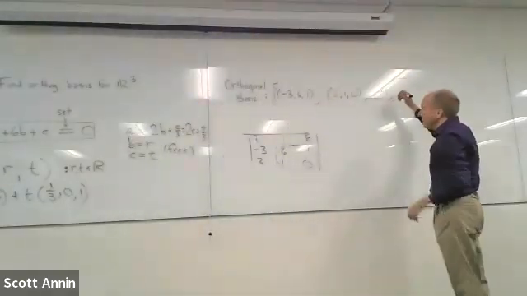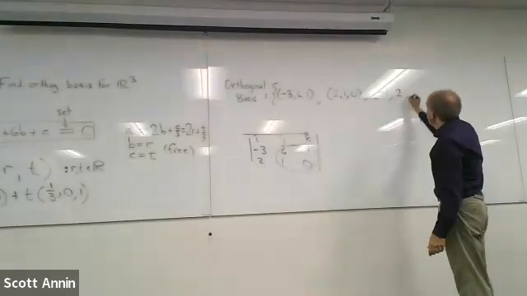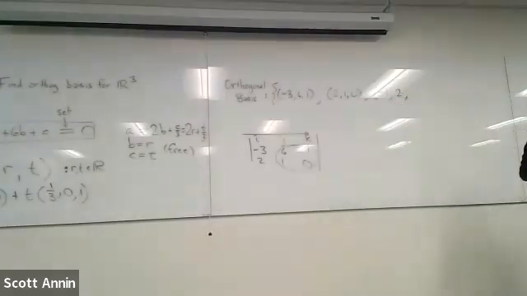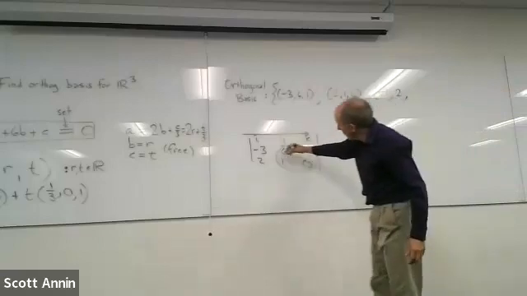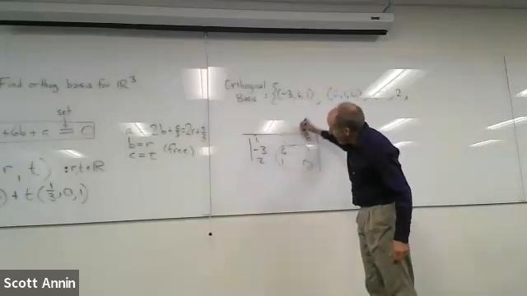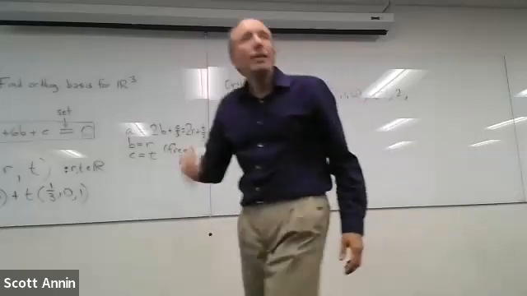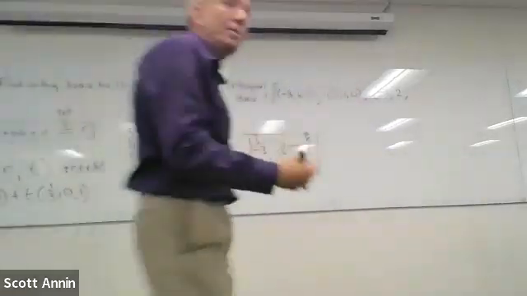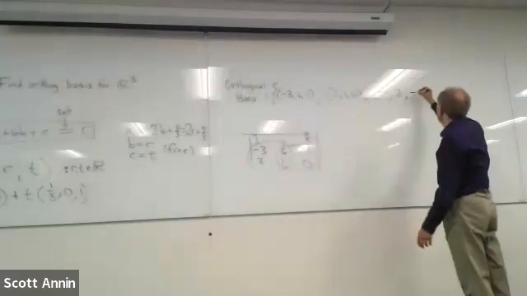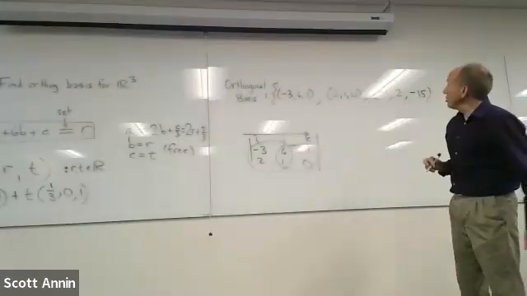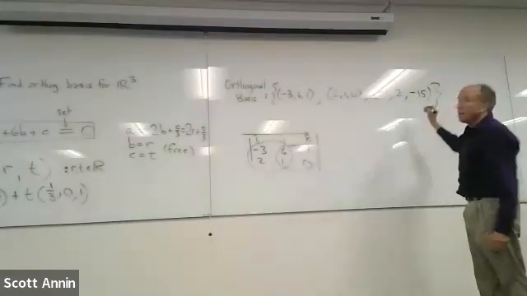Every other position has a sign change. So that -2 becomes a +2. And then finally, the K component would be -3 minus 12, this little 2 by 2 submatrix here, which is -15.